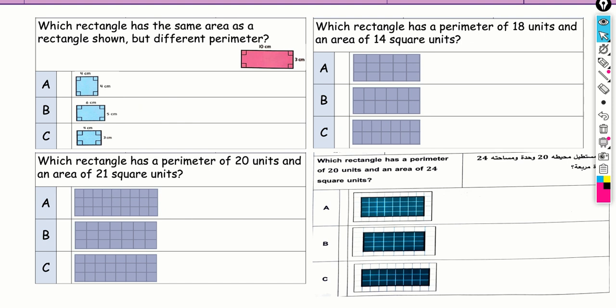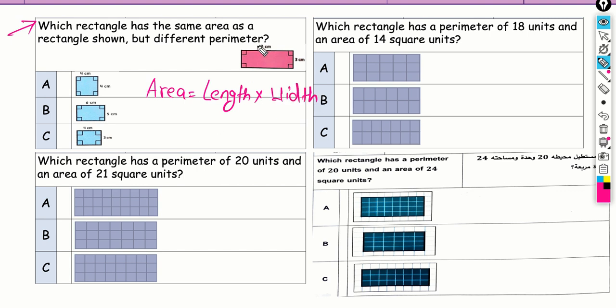Now which rectangle, the question is here, first one: which rectangle has the same area as the rectangle shown but a different perimeter? Okay, so what is the formula for area? The area formula for a rectangle is length times width.